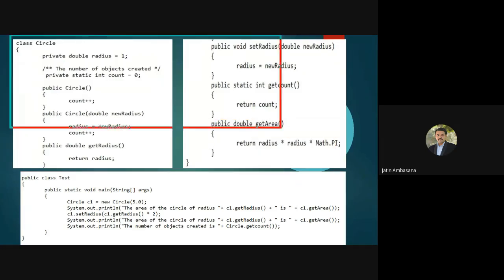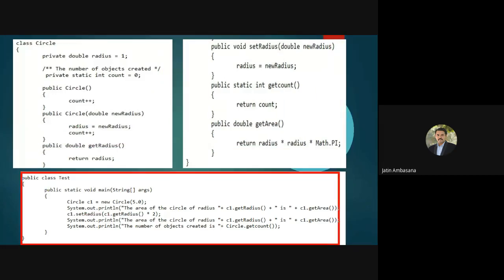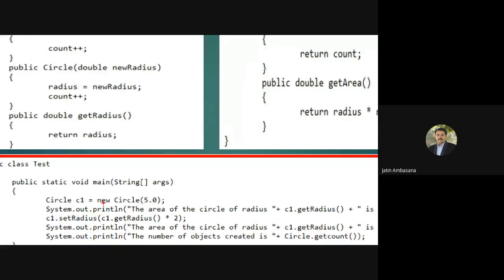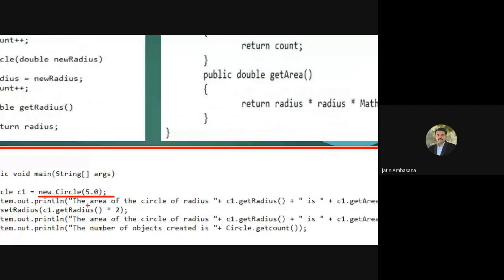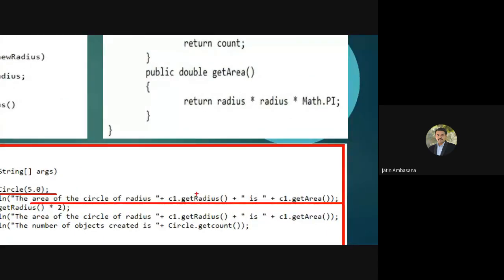So this is the class that we have created, right? And then we test that particular class by creating what? We first create a new circle object with radius 5, and then we say that the area of the circle of this particular radius is this much. So we first get the radius, we print it out, and then we print the area also.